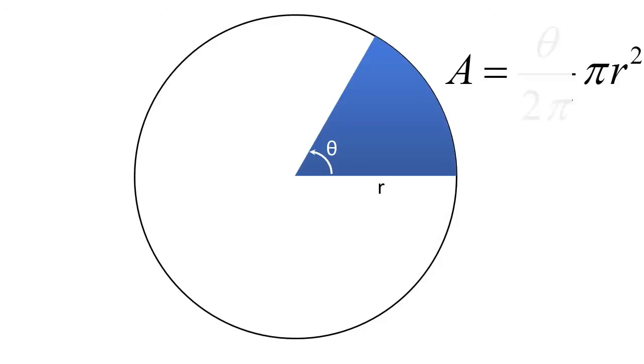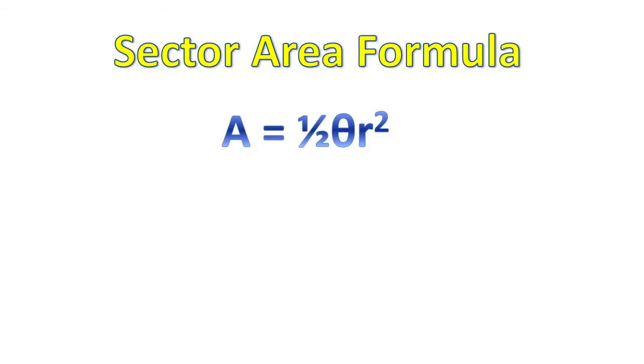The whole circle would be 2 pi. So it's theta out of 2 pi radians. That's our fraction, and you'll notice when we make that fraction, the pi's cancel out. So what we're really left with after all this work is the sector area formula.